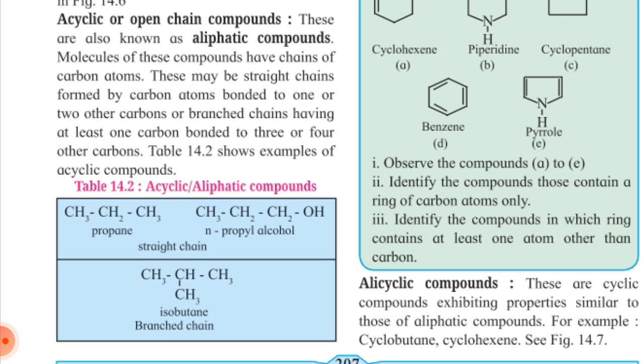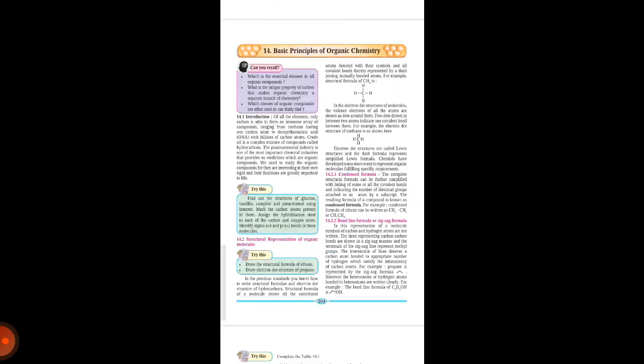This may be a straight chain, formed by carbon atoms bonded to one or two other carbons, or a branched chain, having at least one carbon bonded to three or four other carbons. Table 14.2 shows examples of acyclic or aliphatic compounds: propane and propyl alcohol, isobutane with a branched chain.